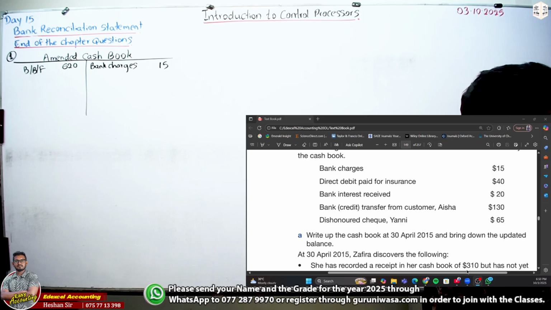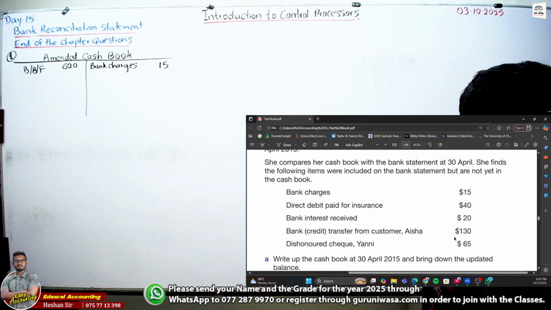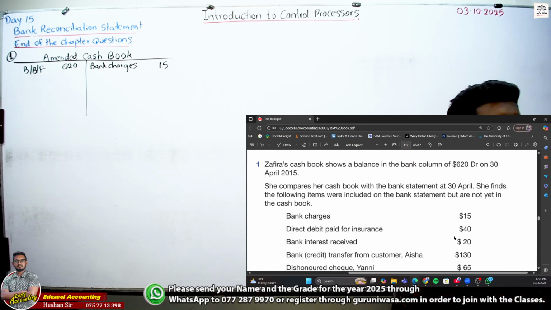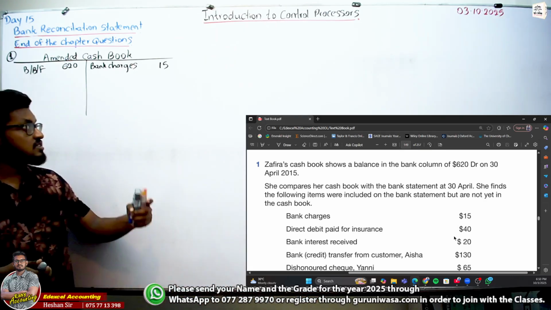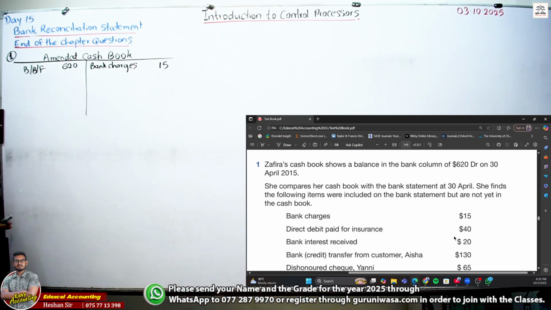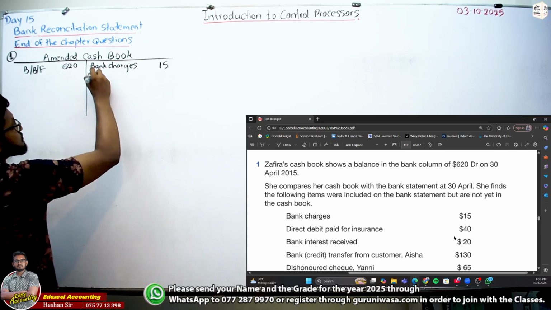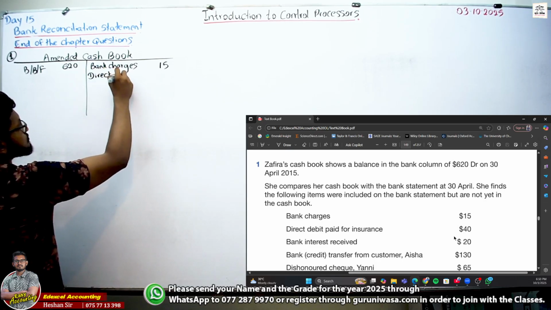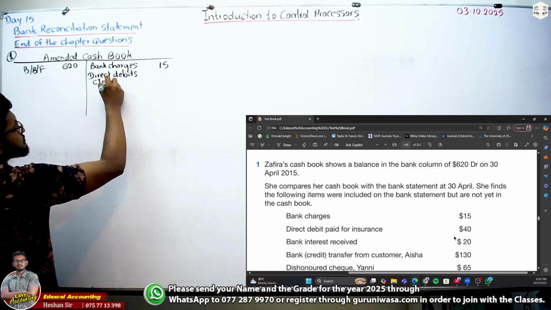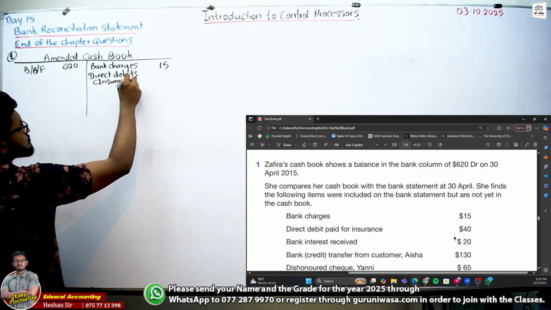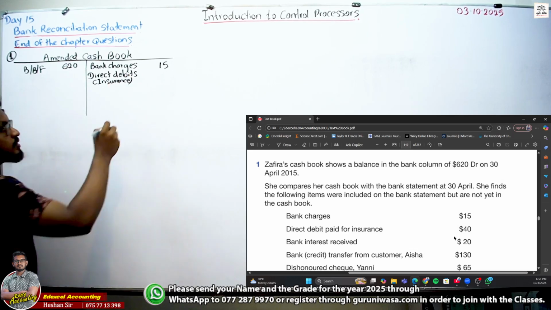In the bank statement, debit means the deduction side. So I told you bank statement debit things we write on the credit side here, because the rule is changed, because these are business books. Now here, direct debits, within brackets write insurance, 40.